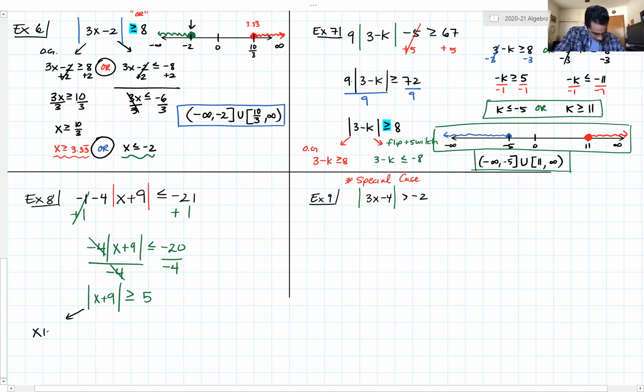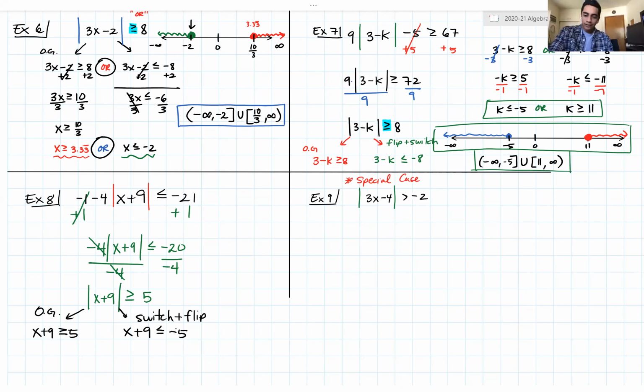So I have x plus 9 greater than or equal to 5. Remember, this is the original. And then you have your switch and flip scenario, and then we get x plus 9 is going to be less than or equal to -5. Okay, so flip my inequality and turn my 5 from a positive to a negative, all at the same time.